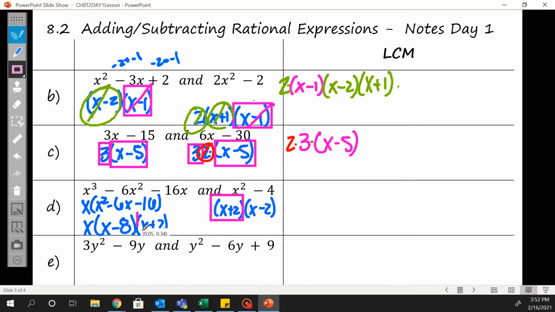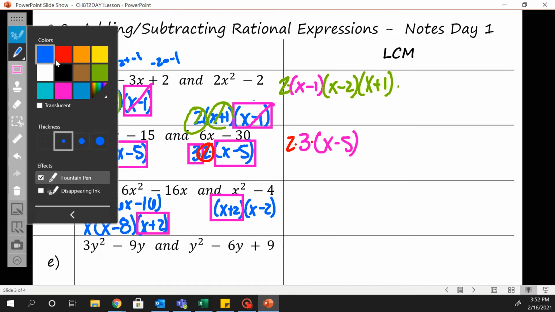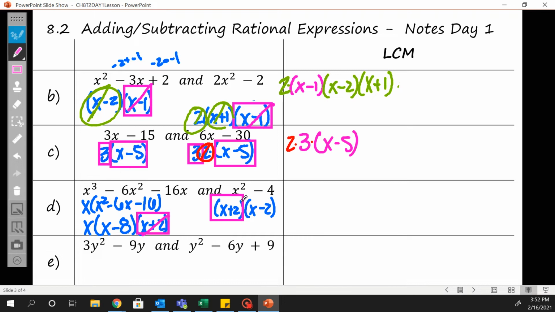So they both have x plus 2 in common. So that's part of it. And then everything that's left will also be part of it. So x minus 2, x minus 8. So this is the LCM. X plus 2, x minus 2, and x minus 8. The lowest common multiple.